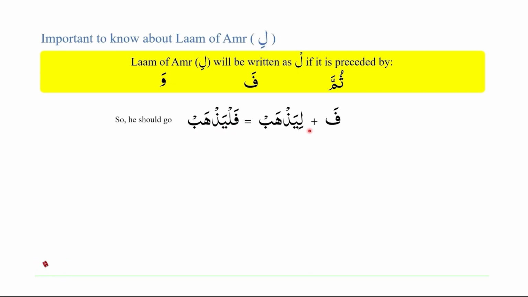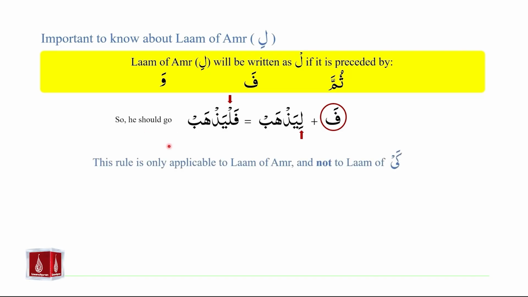So laam-e-amr is being converted from laam with the zair under it to laam with sukoon on it because of the effect of this fa with the zabar on it. Fa plus liyazhab equals falyazhab. And this is the change that is happening. The laam with the zair under it is being replaced with laam with sukoon on it. Falyazhab can be translated as so he should go.